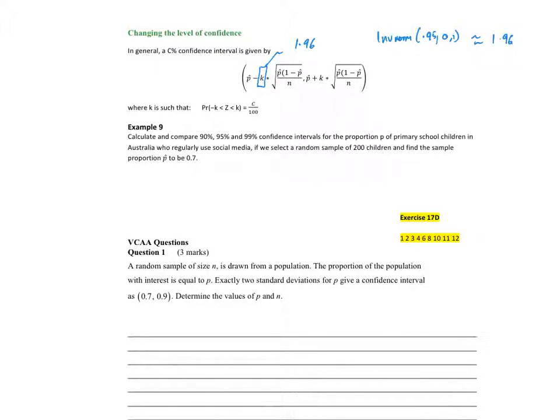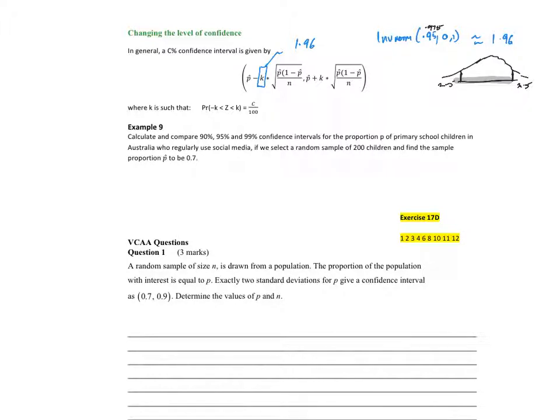If I want a 95% confidence interval, I want 2.5% in each tail, don't I? So in actual fact, if I do 0.975 on a 0,1, I get approximately 1.96.